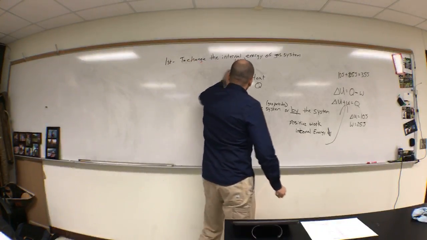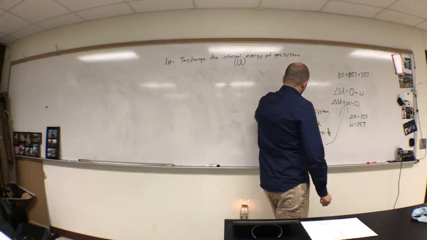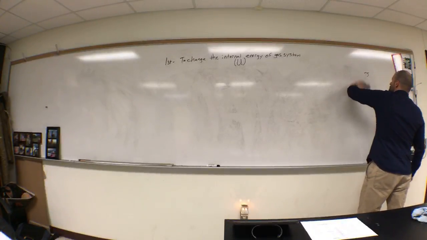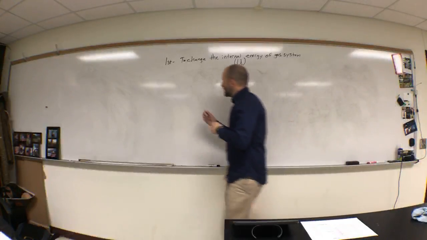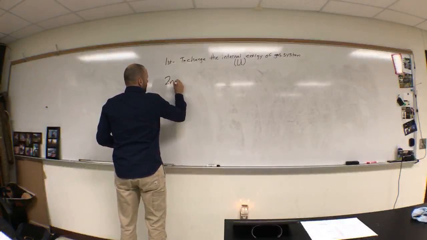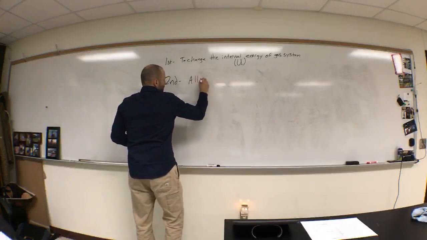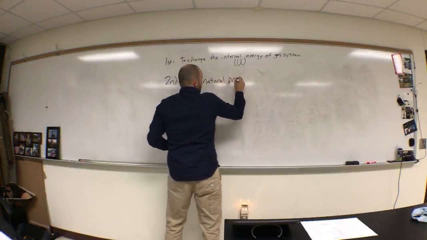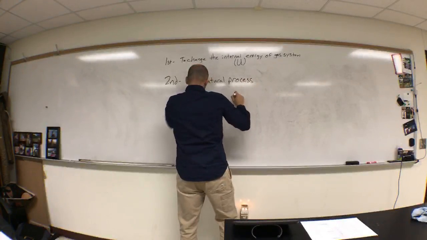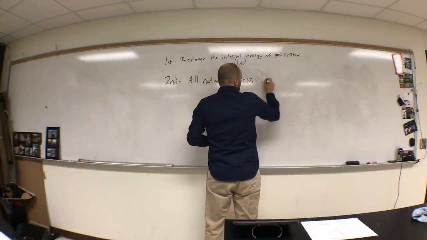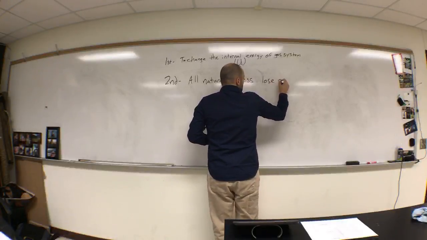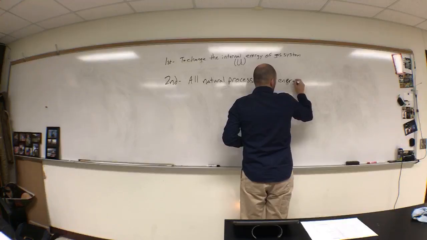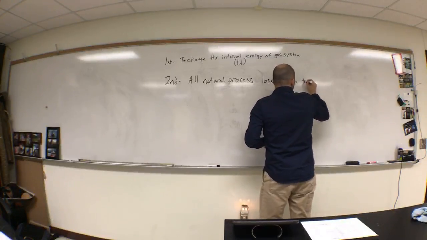And then I'm going to write down the second law so that we can move on into the third. So the second law states this: all natural processes lose energy to the environment.